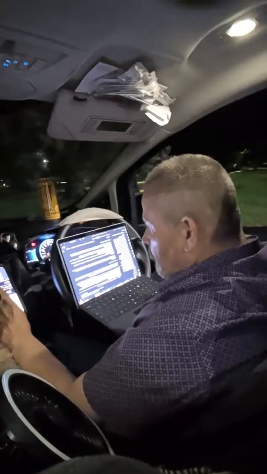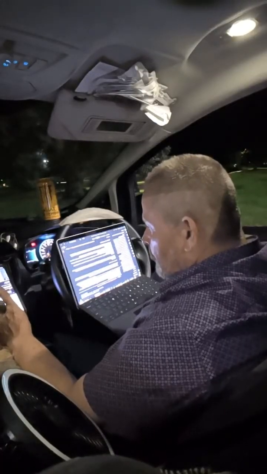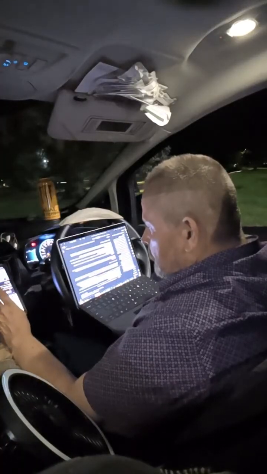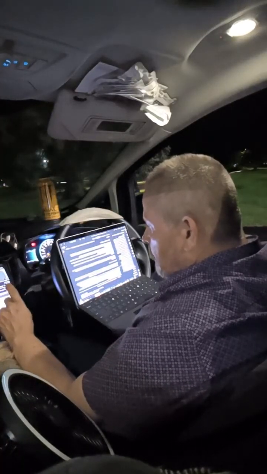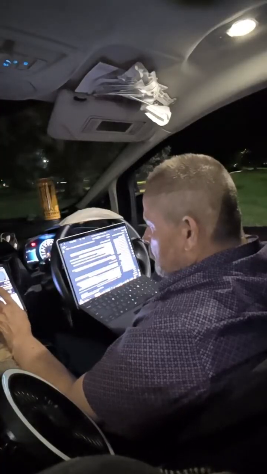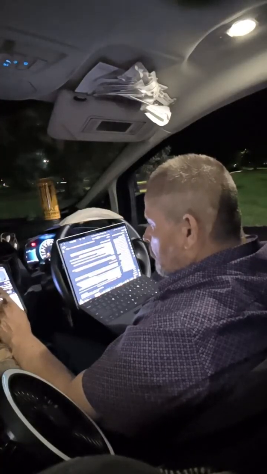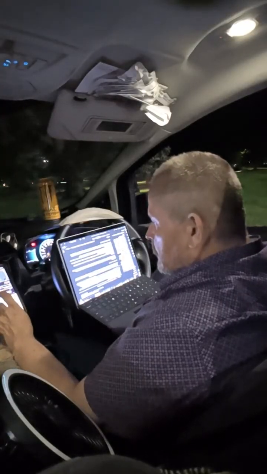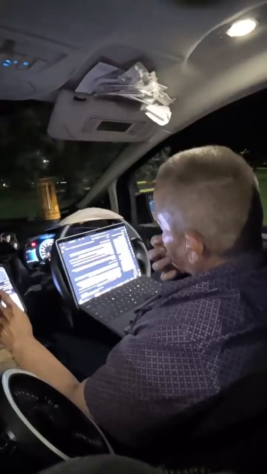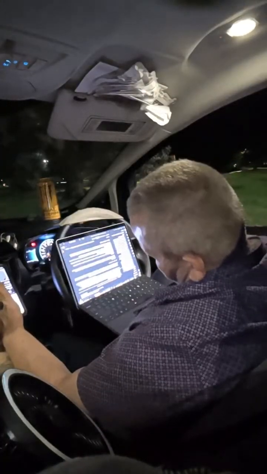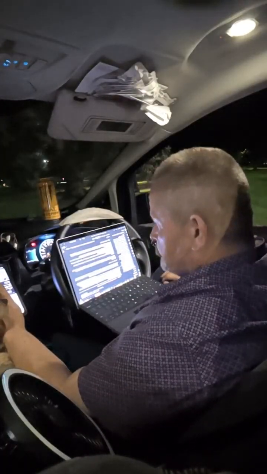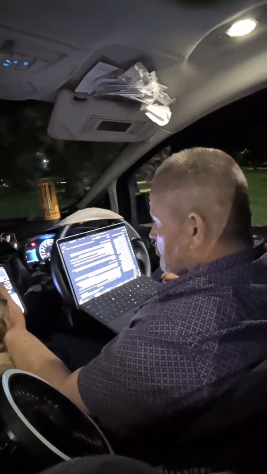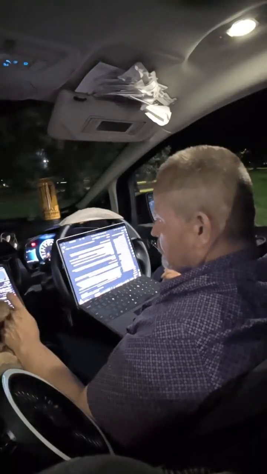So this is the robot. Nothing crashed. Anyway, this is the bot. It's got a bunch of spots for stuff.